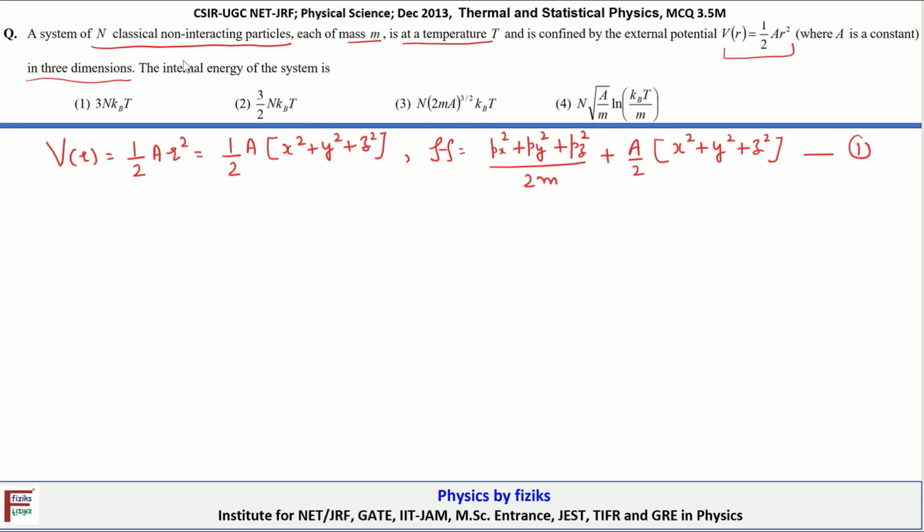Now we will write the partition function for one single particle, that is q1, equal to integral dv, and because it is in 3 dimensions, 1 divided by h power 3, since we are taking only one particle, so only 3.